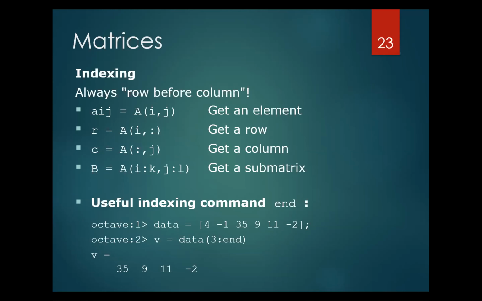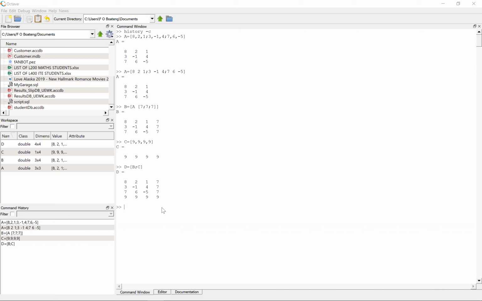Now let me go to Octave and let's try our hands on some of these things and see how it works. So we already have some matrices here. We are going to just play with it.